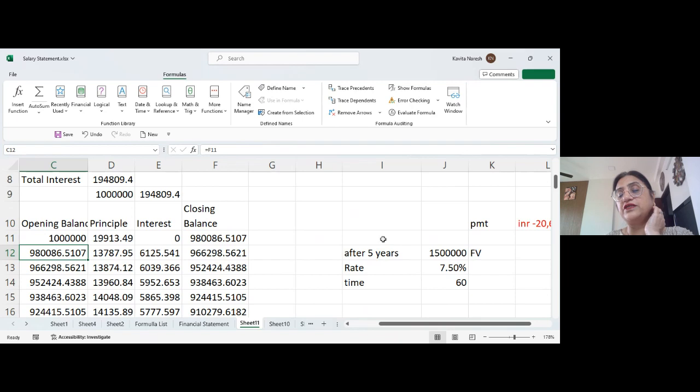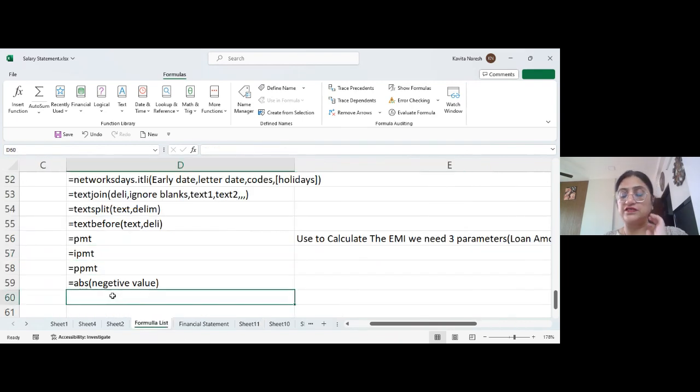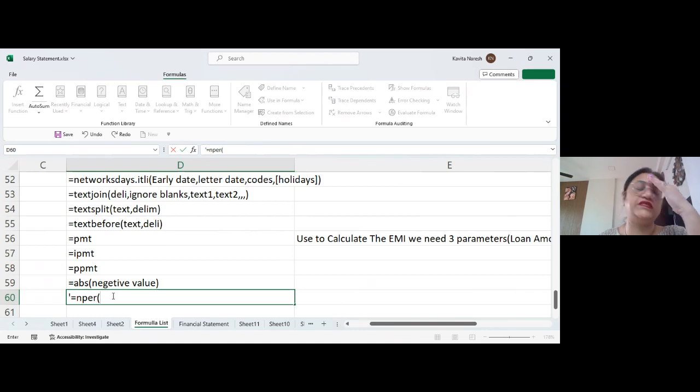After completing that, you should check the next formula, that is NPER. Suppose I have all the parameters, but I don't have the time. I don't know how much time it should take to return the money to me.